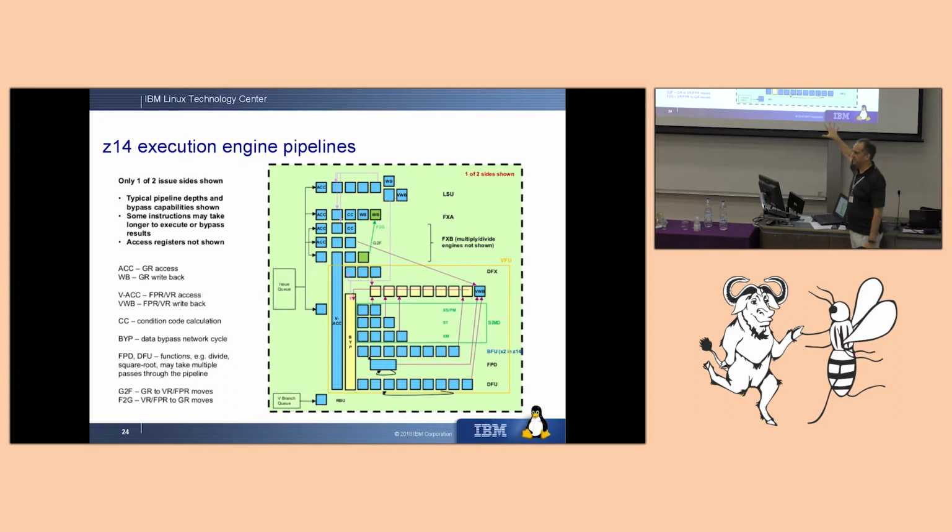But we do have 2 sides, so we have a second of this unit on the other side. But if we got 2 divides into the same group, then they have to be issued to the same side. So the one side will be busy executing the first, and the other side will be idle, even though it could have executed the second one had we just scheduled them in another group. And that's what we can do.